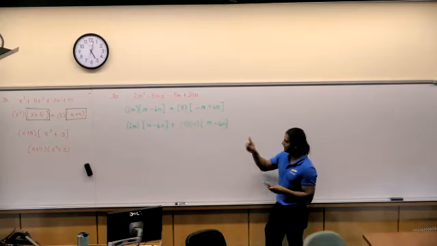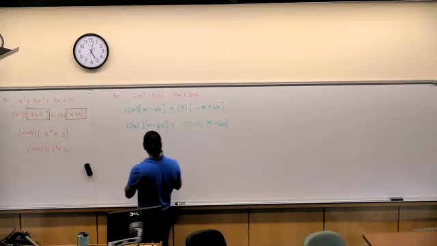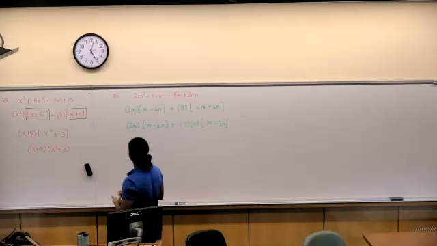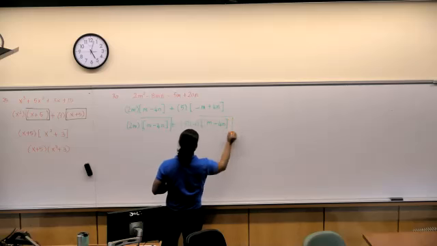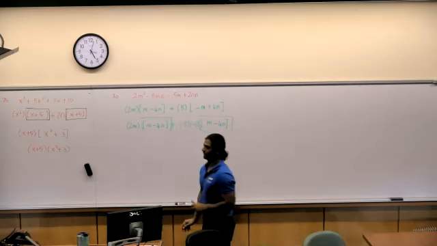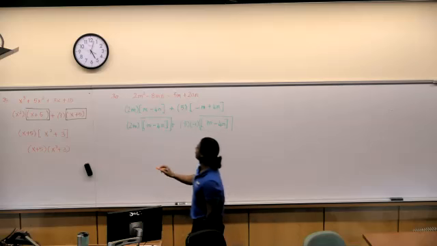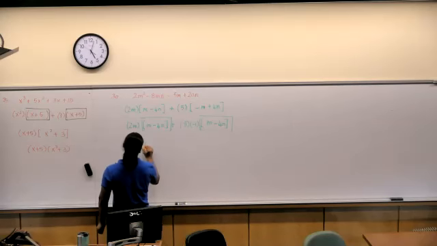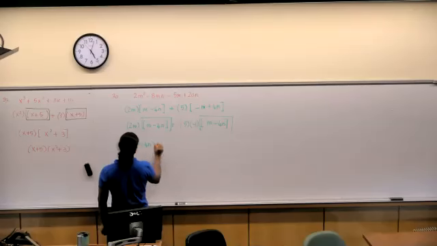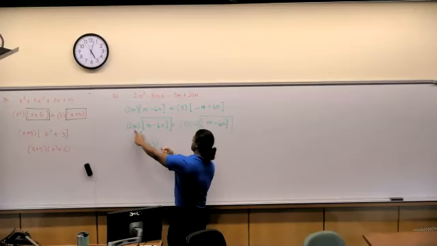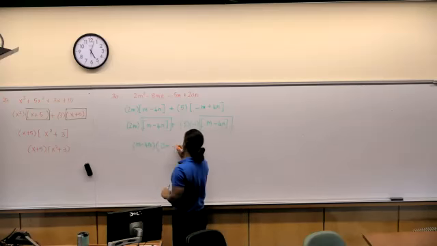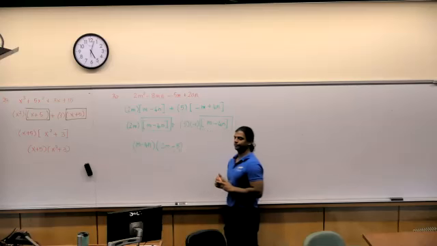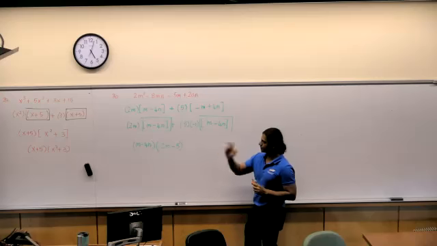Now you can see a term that is in common between the two grouped terms, m minus 4n, m minus 4n. If you pull m minus 4n out, you have 2m in the first term. 5 times negative 1, I have negative 1. Good. So that is the factored form.